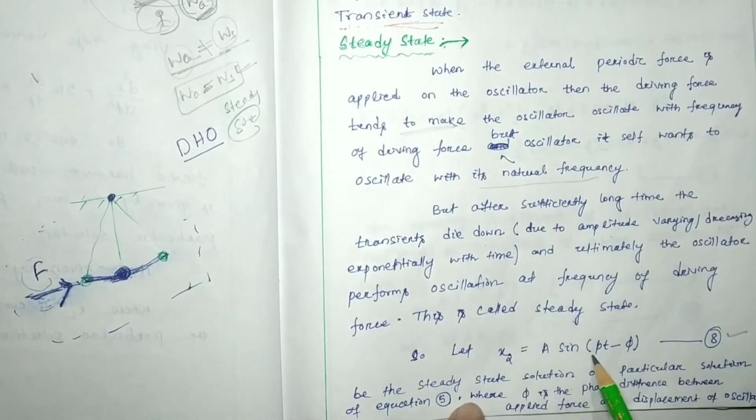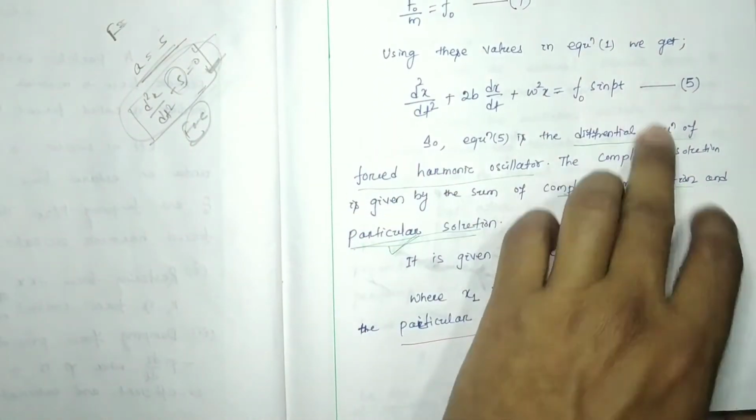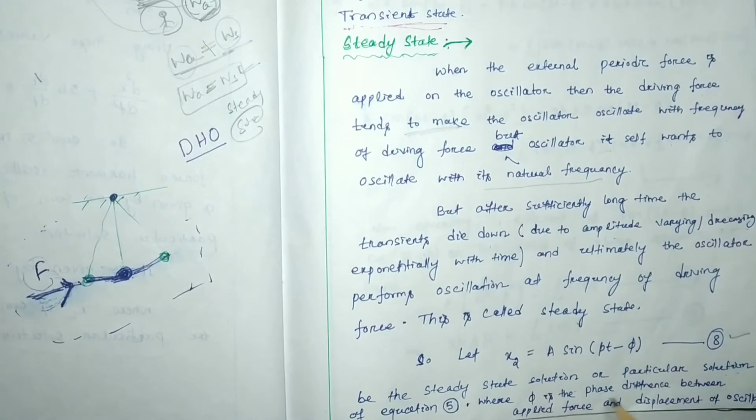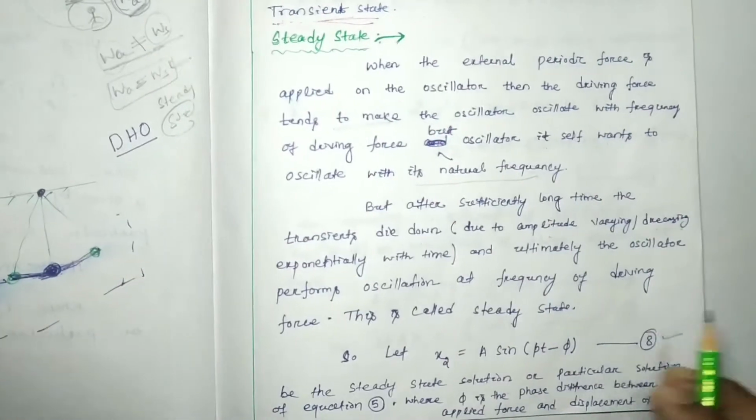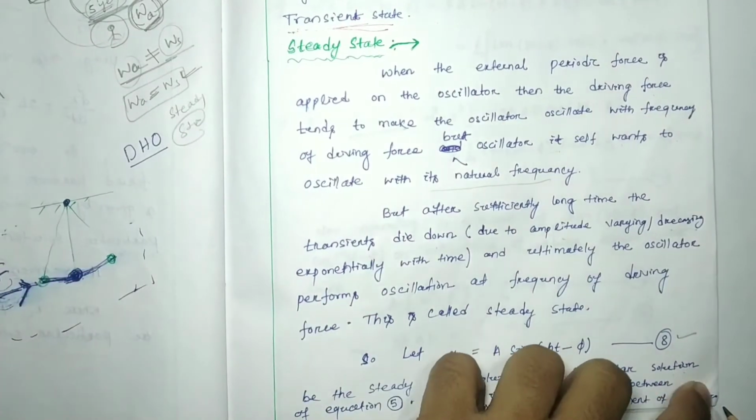The particular solution will be in this form, and this will be accepted as your steady state solution or particular solution of equation number 5, the general differential equation, where phi is the phase difference between the applied force and the displacement of oscillation.